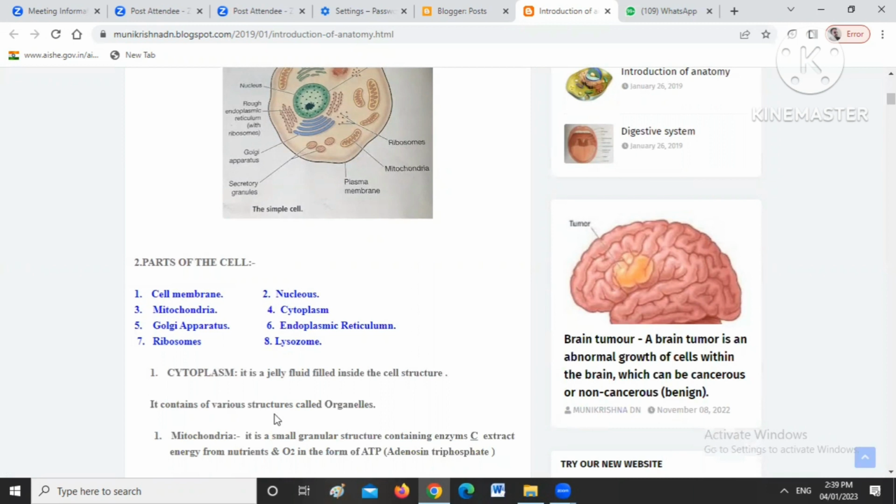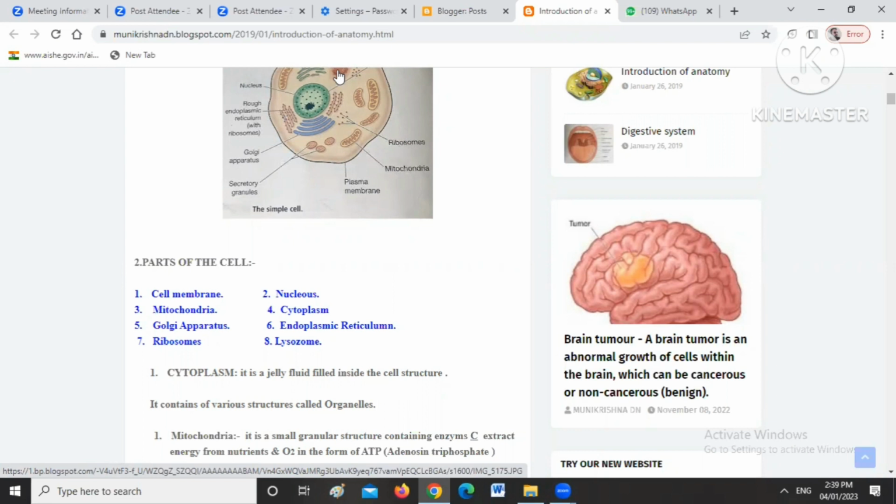Cytoplasm contains various structures called organelles. What are these organelles? Nucleus, Golgi apparatus, ribosomes, lysosomes, mitochondria, endoplasmic reticulum, all these things which are present in the cytoplasm.